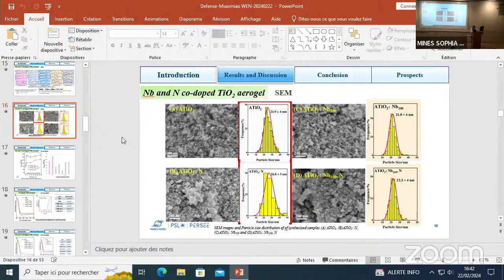Yes, because in your case it seems to be significant. So this is an increase, and we retrieve the tendency. It seems to be correlated to niobium also. So maybe it could be the roughness of the surface.